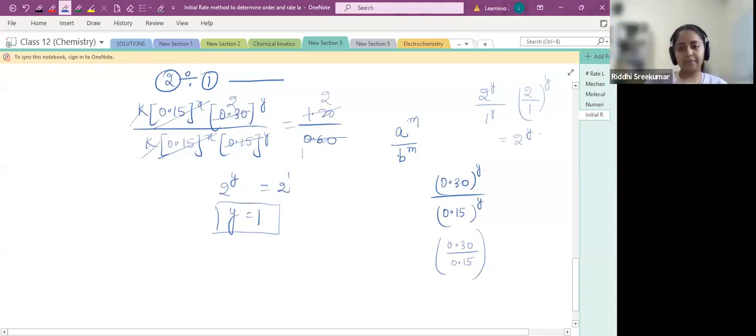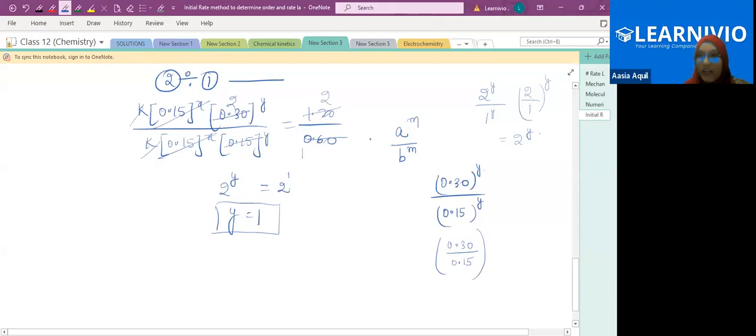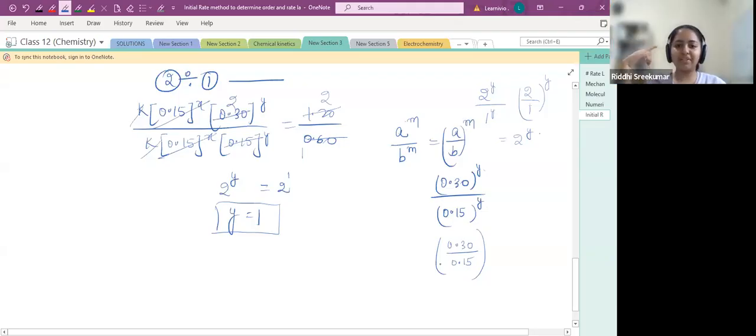We have done this in the earlier classes, right? So this is a law of exponents. When the power is the same and the base is different and they are in divided form, the common formula is a upon b, and we just take the common power. Yeah, that's what I got confused about for a second, and then I realized.